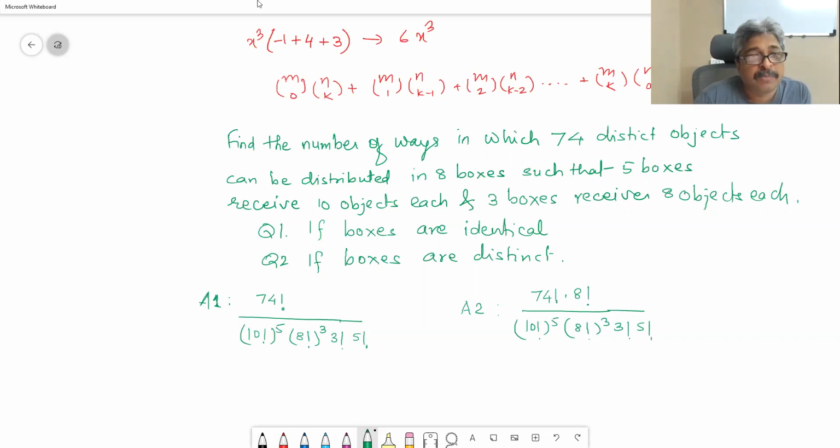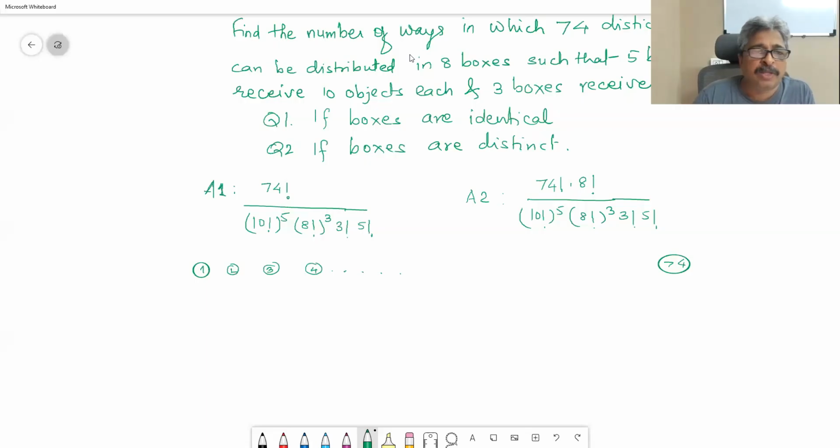These are the 2 answers. If you have got them correct by proper thinking, you are doing good. In how many ways can I arrange 74 distinct objects? 74 factorial ways. Now there are total 8 boxes such that 5 boxes have 10 objects each.